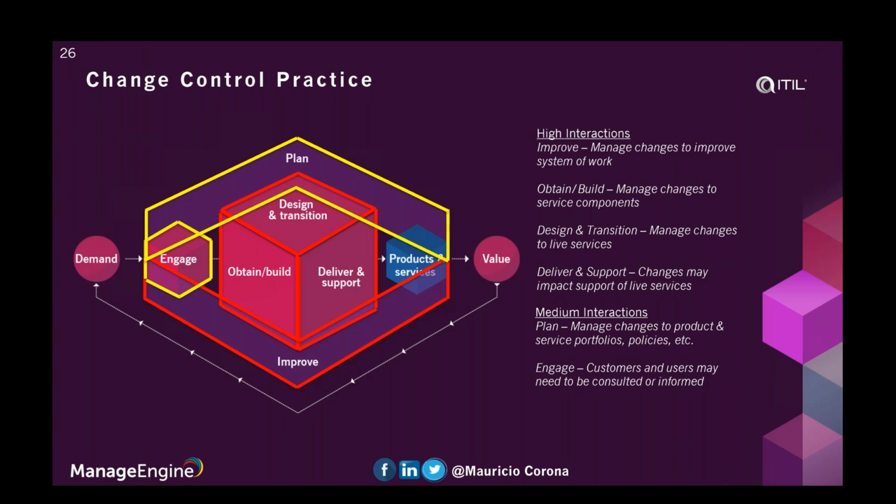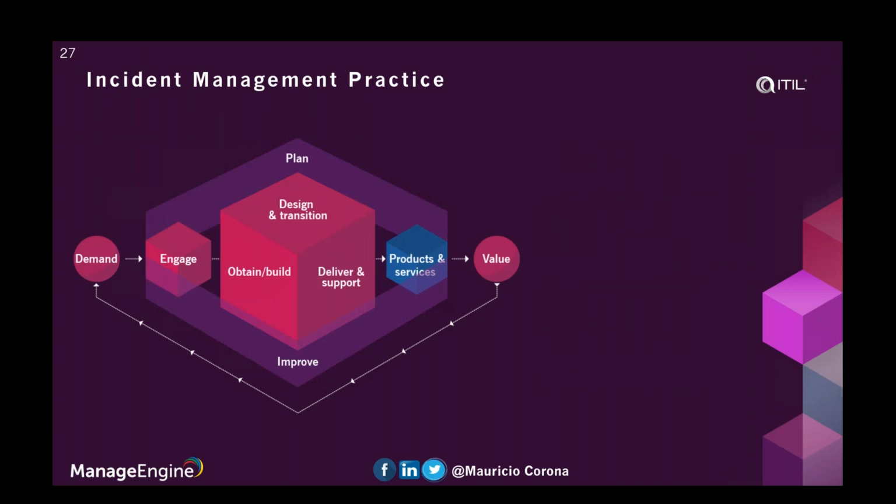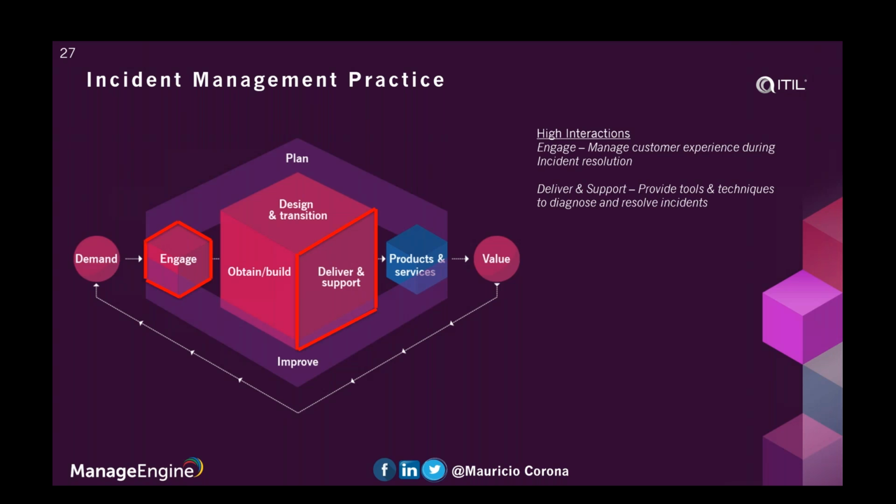So this is just a suggestion, and what we have seen is that if you are going to deploy a new practice, call it change control, then the value streams are going to be mainly on the red sides. If, for example, we want to do the same heat map exercise on incident management, where is the incident management practice mainly focusing? Of course, on engagement and on deliver and support.